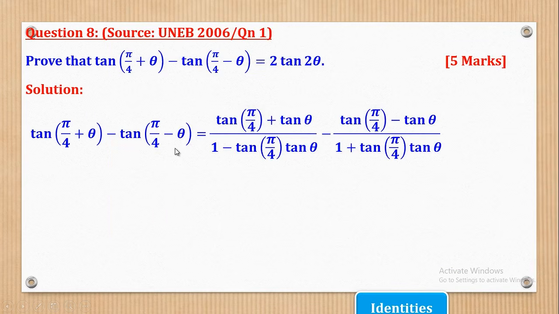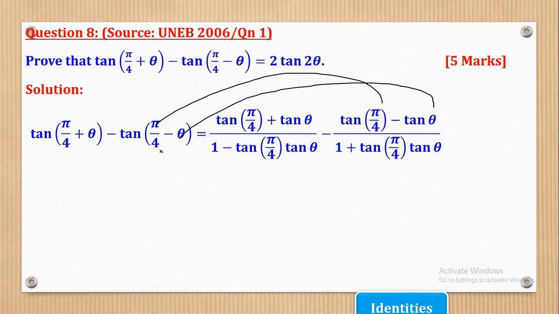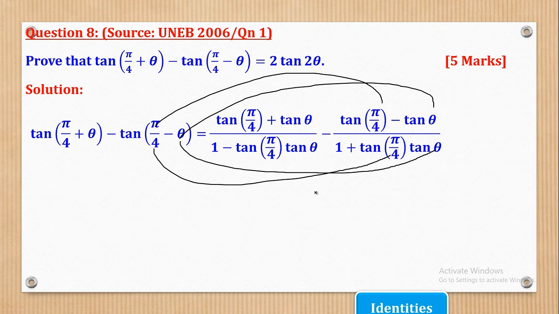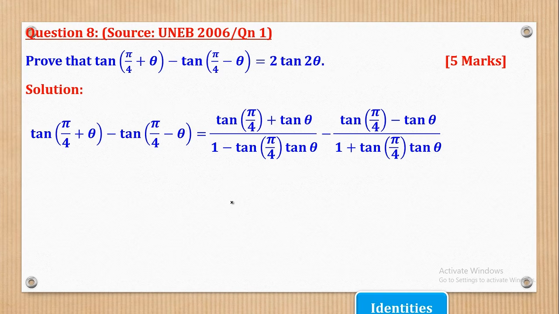So we shall come here and say that this one is our A, this is our B, this is our A, this is our B, like that. After that, you should remember that as long as you see this pi, it implies that the angle is in radians.